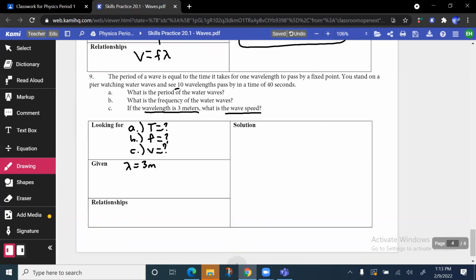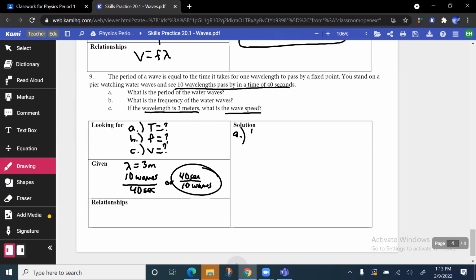Now we're also given this information here, which is 10 waves in 40 seconds. Or you could have written it the other way, 40 seconds for 10 waves. Either one works. All right, well, I'm going to actually start with this.